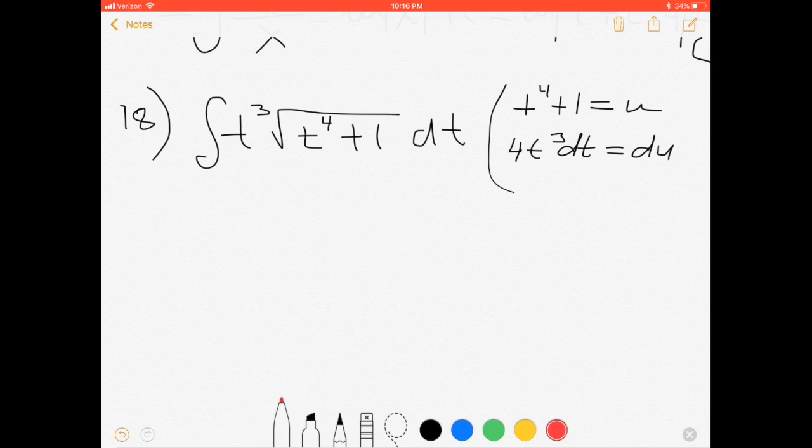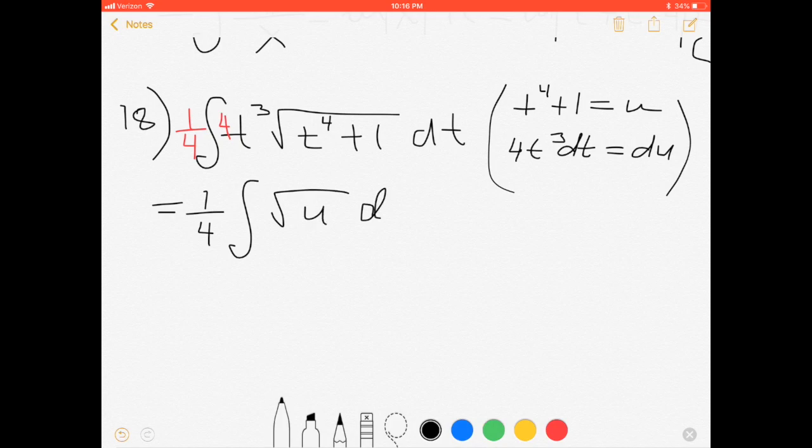This means we need 4 here. I write 4 there. But if I multiply by 4, I need to divide by 4, right? 1/4 there. And my integral will be 1/4 integral square root of u du. Oops, I don't need parentheses here, sorry.